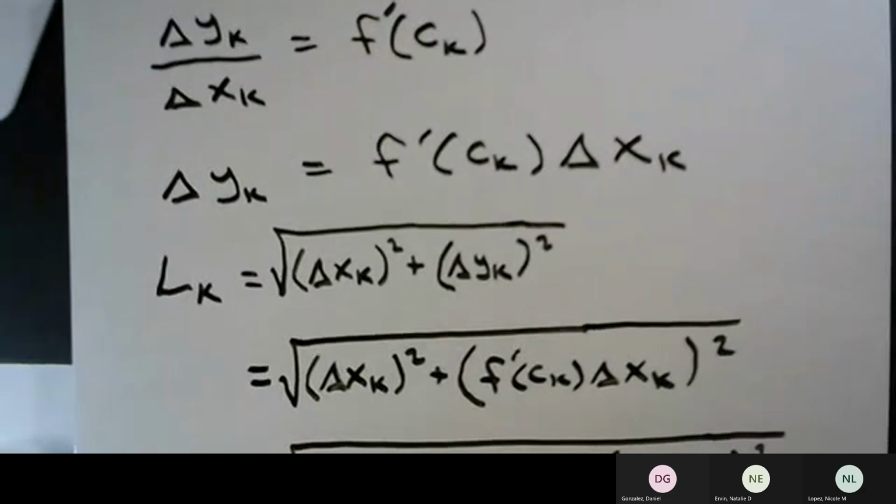And what we've done is we have a bunch of these line segments. So this could be L1, this could be L2, this could be our L sub k, and so on. So if we add up these segments, we're going to get an approximation of the length of our curve.